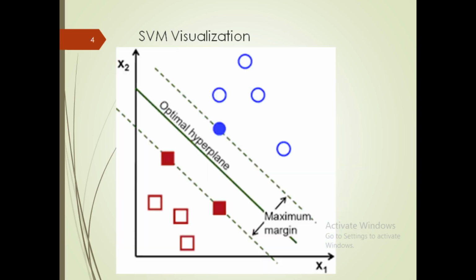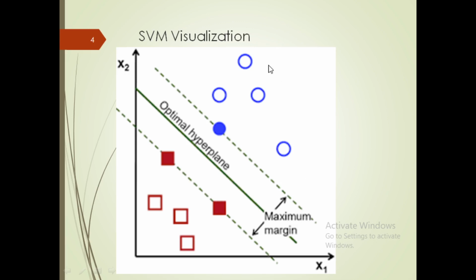Here we have a simple example wherein we have been provided with two things. One is circle, another one is a square. Now let us assume that here we are going to find a hyperplane which is an optimal one. A hyperplane is nothing but a boundary which is going to differentiate between the two classes.